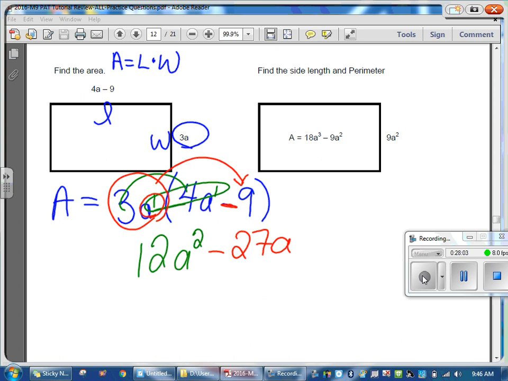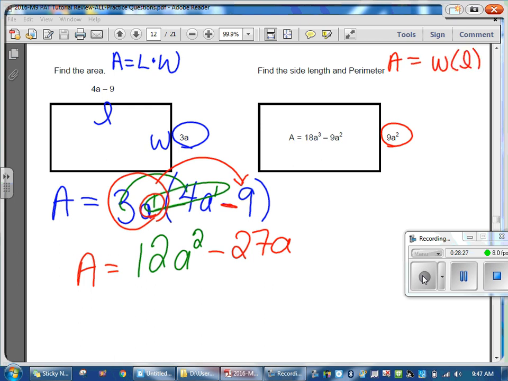The next question gives us the area and one of the sides. So in this case, I've got area equals width times length, and I know this number, and I know this number. So how am I going to find that number? We have to divide out the L, the length.